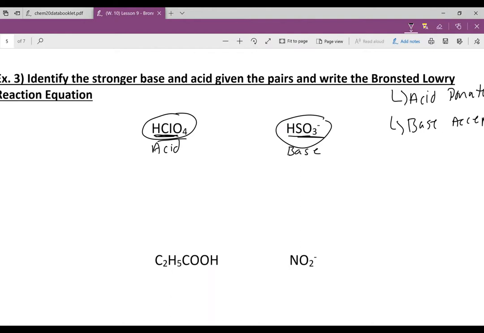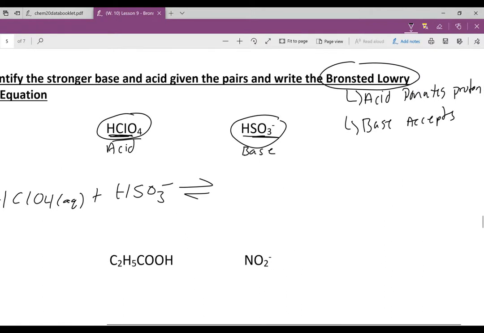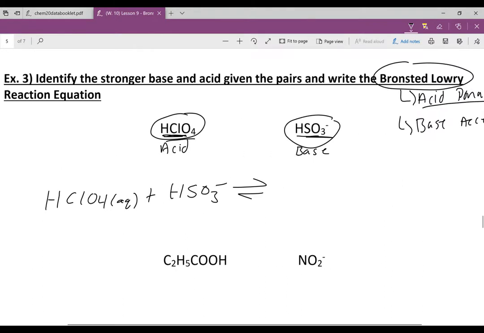So we can write out our equation as HClO4, and this thing I'm assuming is aqueous, plus HSO3 negative. Now this is an equilibrium reaction, and knowing our Bronsted-Lowry definitions, acids donate their protons.